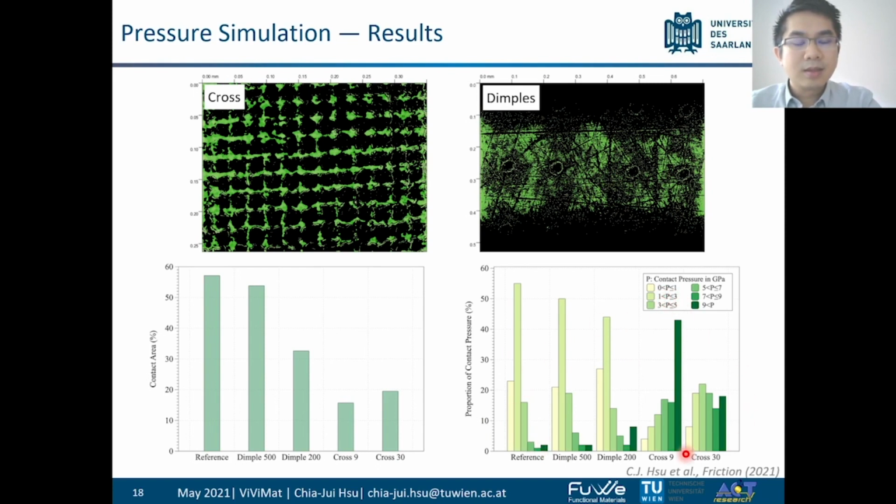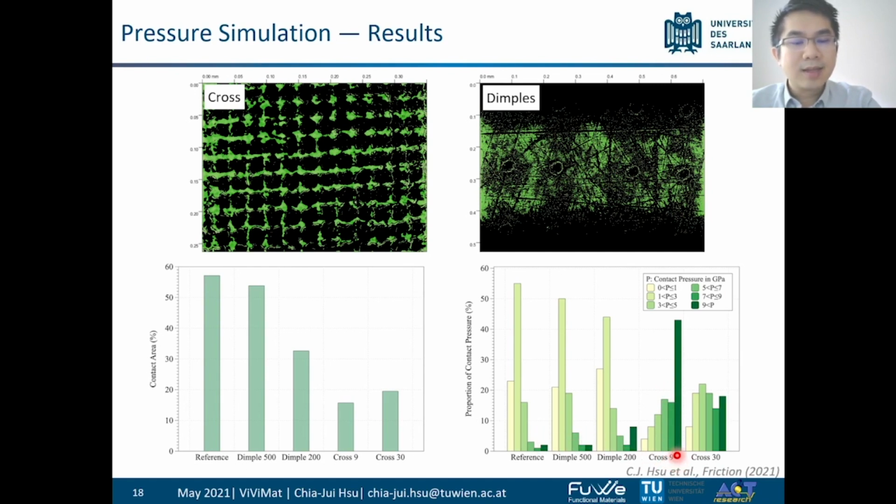It is because according to the study from Goswami, they suggested that the pressure between 3 gigapascal to 7 gigapascal is beneficial for the growth of tribo layer. And as we can see within the samples cross 9 and cross 30, the pressure between 3 and 7 gigapascal is larger than the other samples.